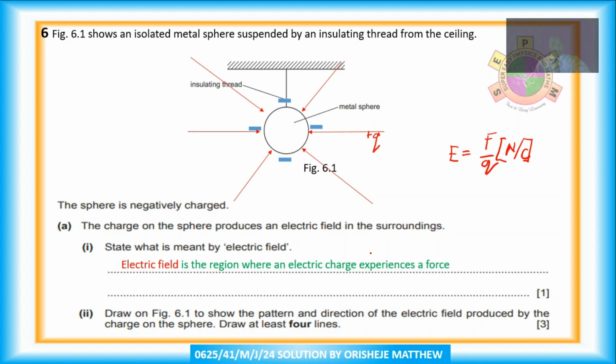Okay. Now let me quickly explain the properties of a field that you need to know. When the lines are close, this is a strong field. When the lines are far apart, this is a weak field.